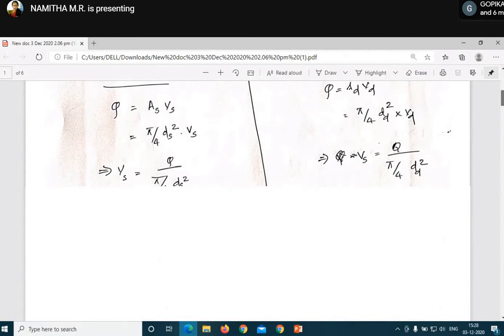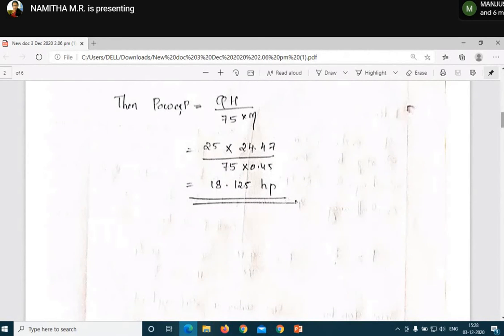In this case, 45% is the efficiency, so we have to divide by 45%. Q is discharge, 25 LPS. So 25 into total head 24.47, divided by 75 into 0.45, total 18.125 HP. Unit is HP. This is how we can calculate power.